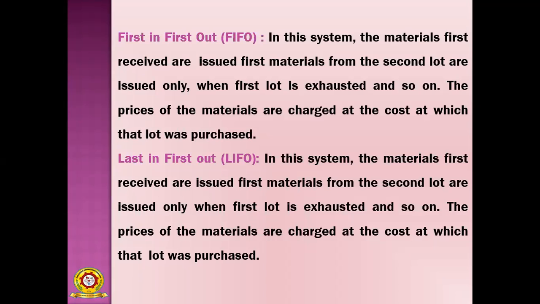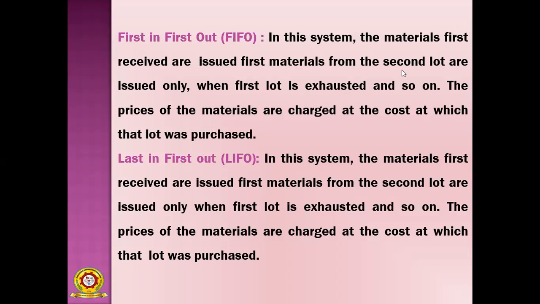The stock which comes in first will be released first in the first in, first out method. So after the first lot, the second lot. In this way we distribute the raw materials to the production department.